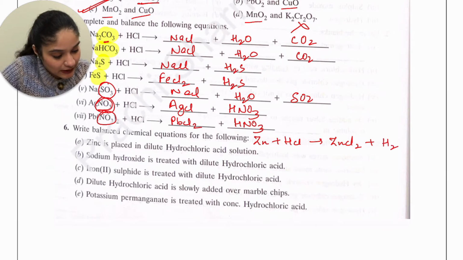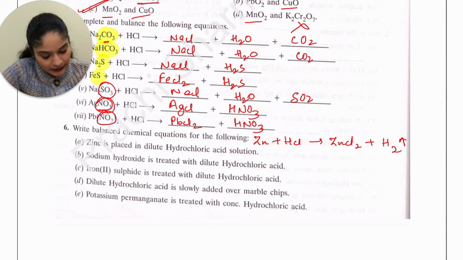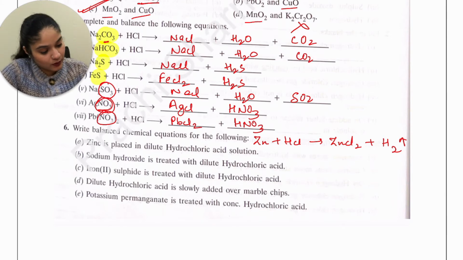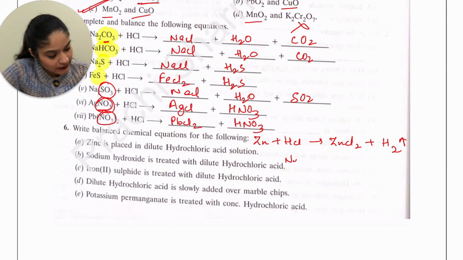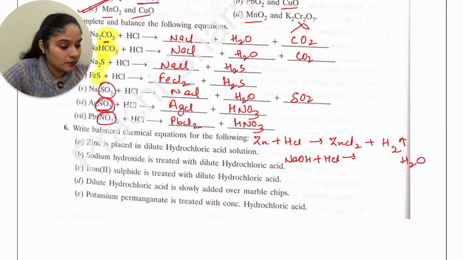Plus hydrogen gas. Then you have sodium hydroxide treated with dilute HCl. So sodium hydroxide is NaOH. So let me write that: NaOH plus HCl. If you look at this, you'll get water, and this will be NaCl.